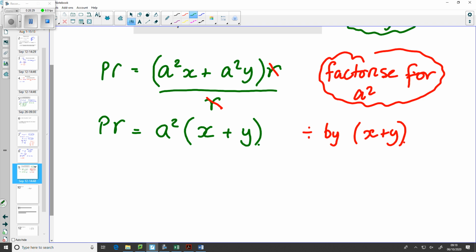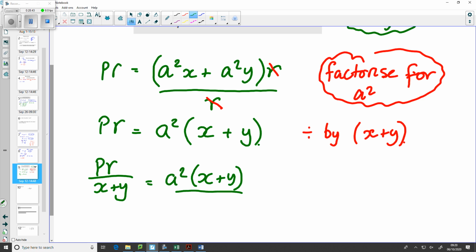Divide by x plus y. So over here, we have PR over x plus y equals a squared times x plus y over x plus y.